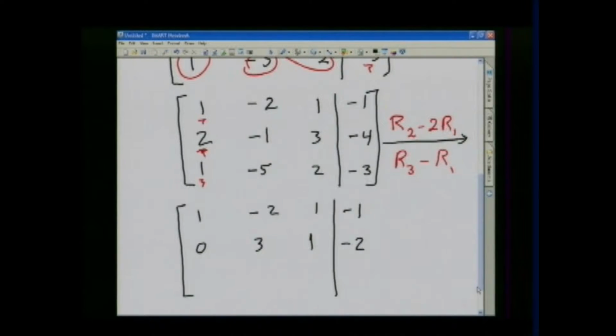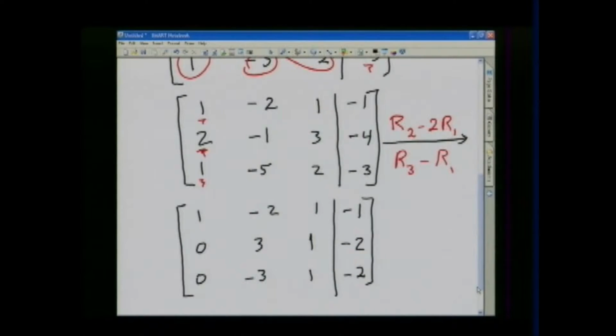The third row is going to be 0, minus 3, 1, and minus 2. Now you notice I have 2 zeros in the first column. I have 1 and then 2 zeros, which is what I wanted.